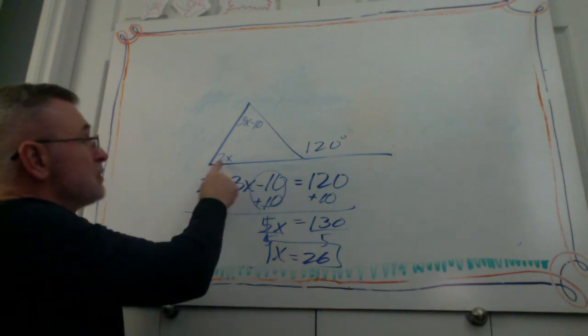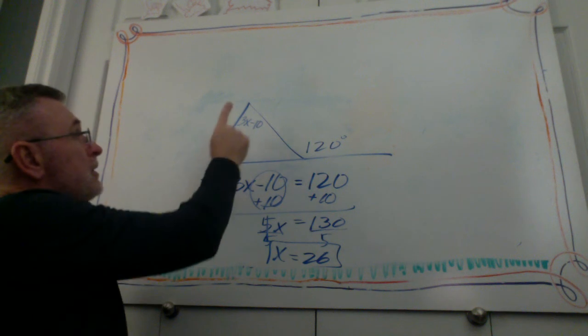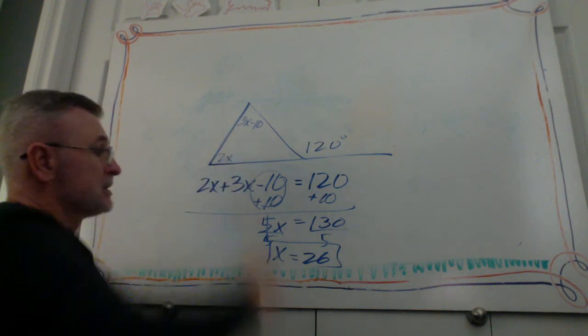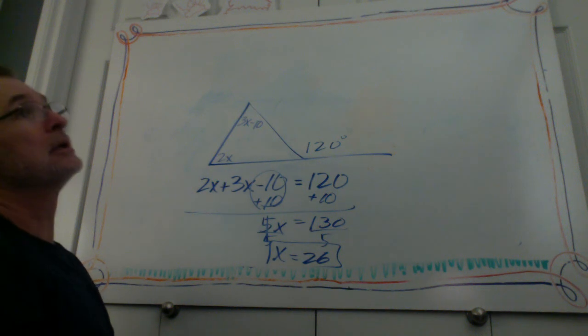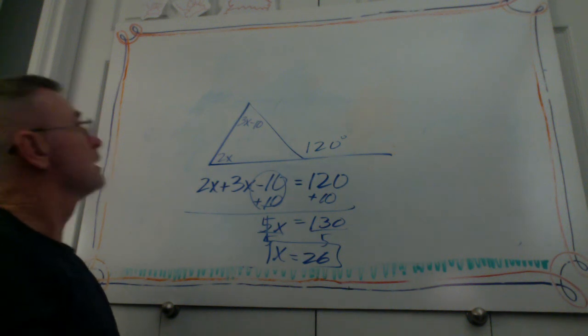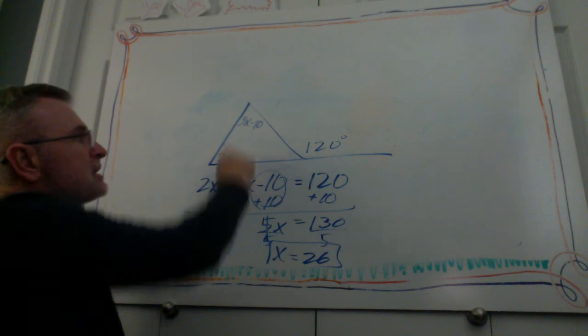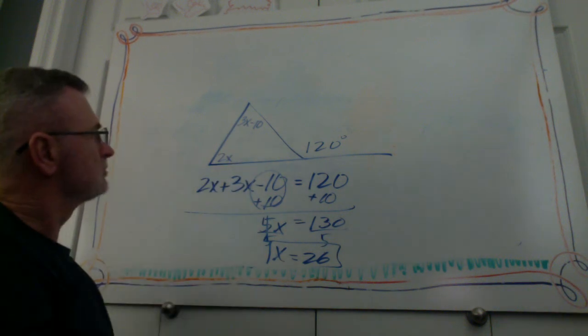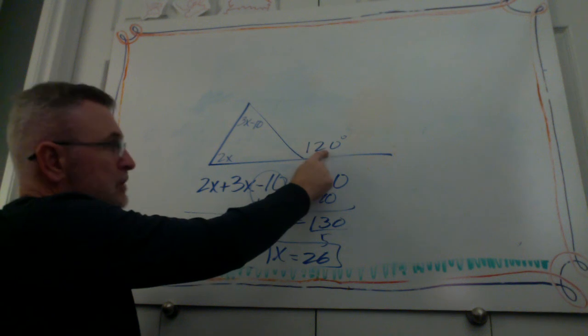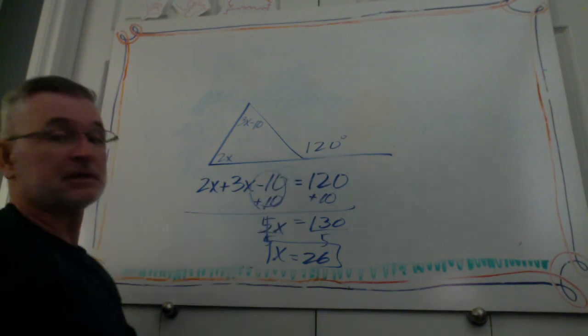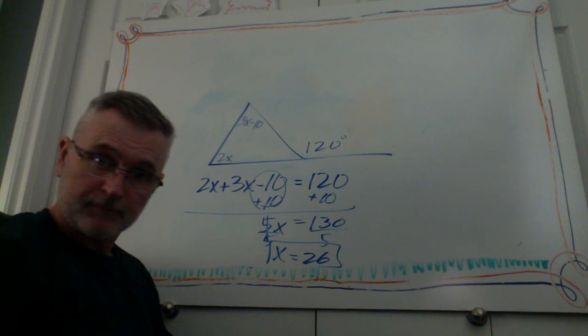So 2 times 26 is 52. And then this is 3 times 26, which would be 78 minus 10, which would be 68. Then if you wanted to find this one, you could take 180, subtract 120. That has to be 60. And there we go.